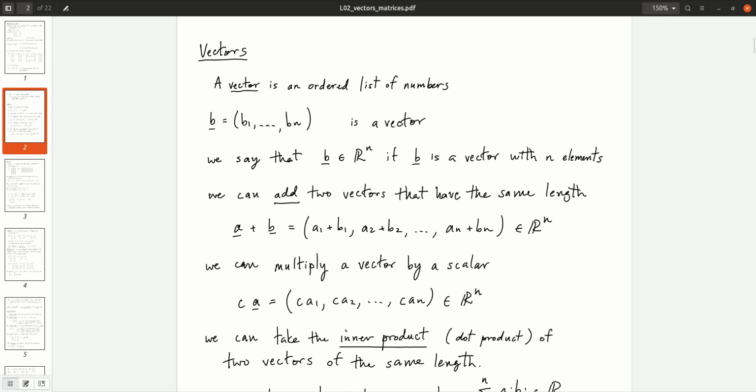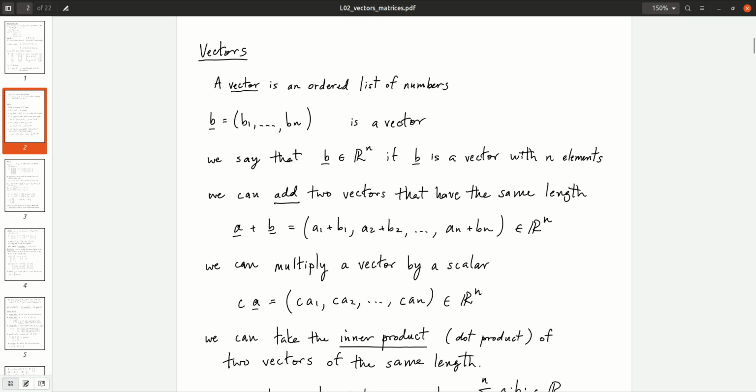Now you can do all sorts of arithmetic operations on vectors, assuming that some conditions are satisfied. So we can add two vectors together if those two vectors are the same length. So if we have a vector A and a vector B, if we do A plus B, that just means that the result is a vector whose first element is the first element of A plus the first element of B. Second element is the second element of A plus the second element of B, and so on and so forth.